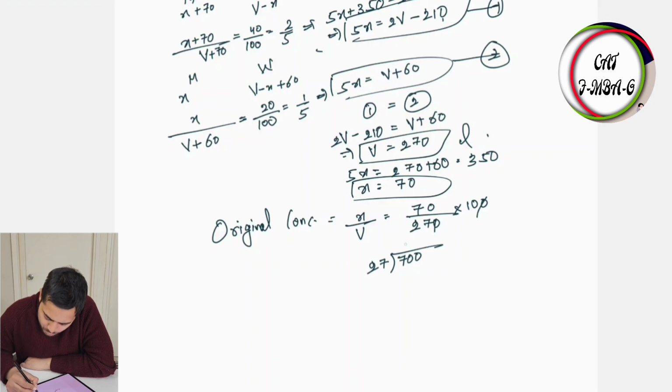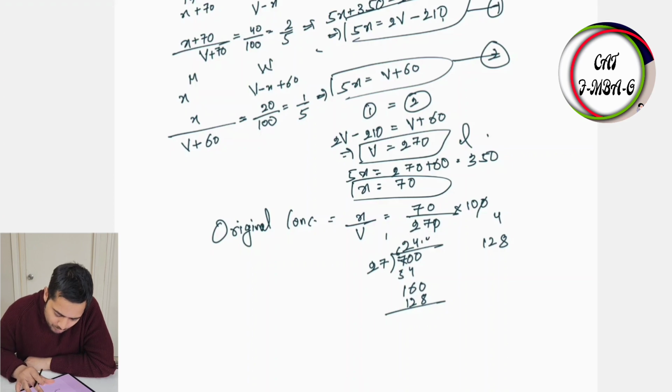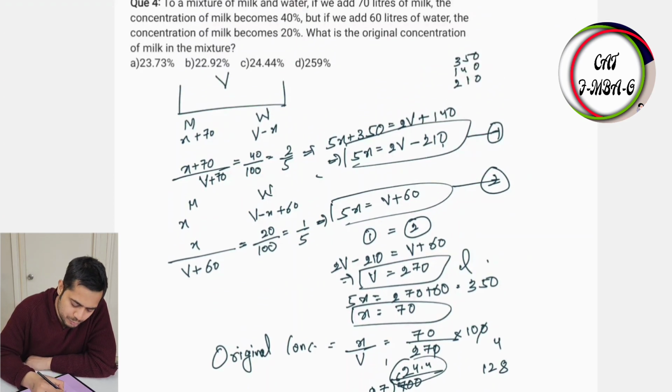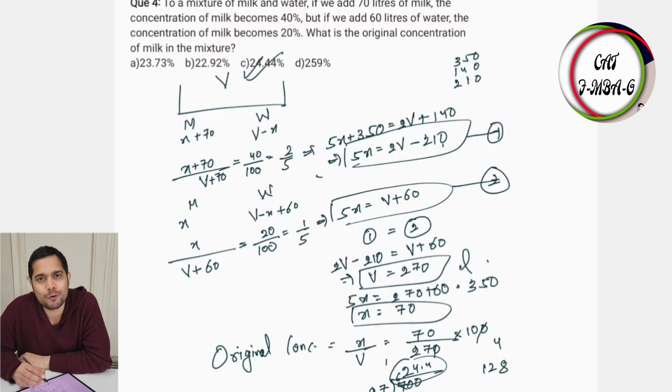Here it will be around 24.44 something. Let's see. Yeah, option number C is the right answer, 24.44.